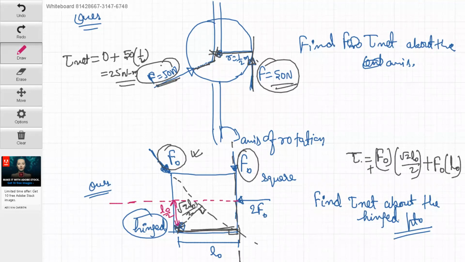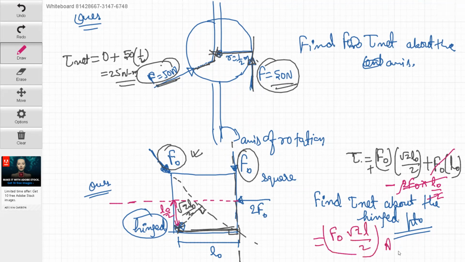It will rotate this square in the anti-clockwise direction. So that is minus 2 F naught into L naught by 2. So it will be cancelled out. F naught L naught and F naught L naught will cancel out. So the net torque will be equal to F naught into root 2 L naught by 2. Is this okay? That is the answer.